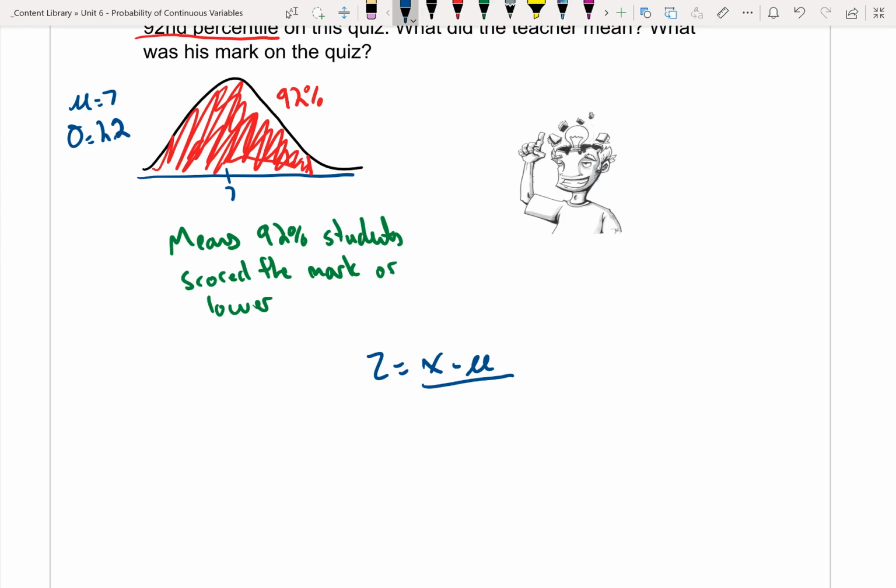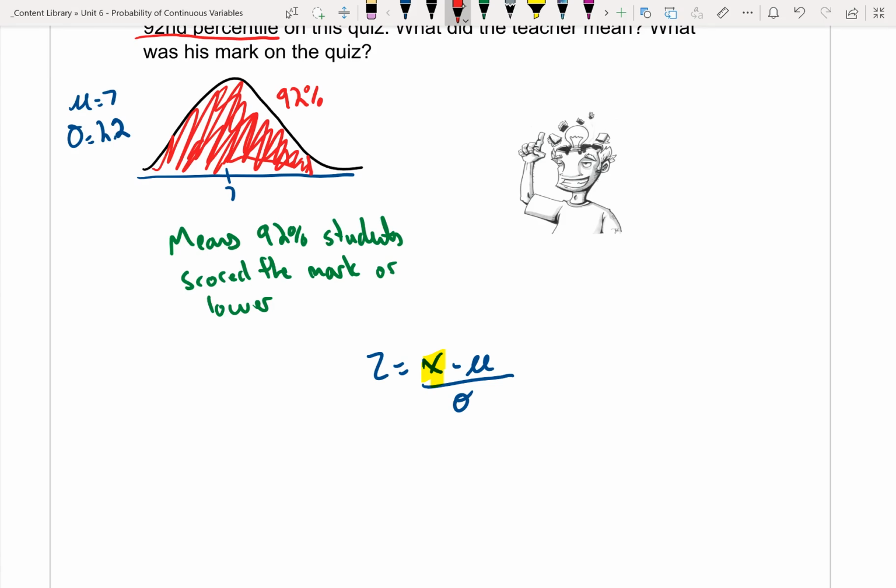So again, my z-score formula: value minus the mean divided by the standard deviation. Now the thing here is we're trying to figure out our data value of x. So in order to do that, I need to fill in all my other values, the mean and the standard deviation I have, and my z-score I can get from working backwards.